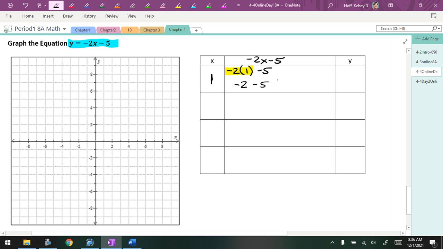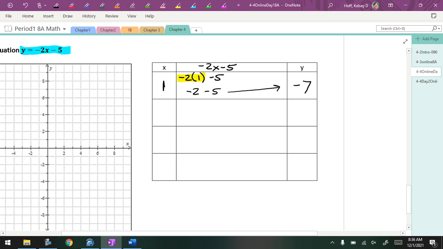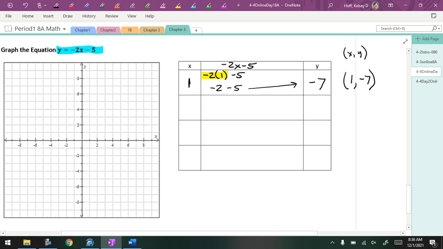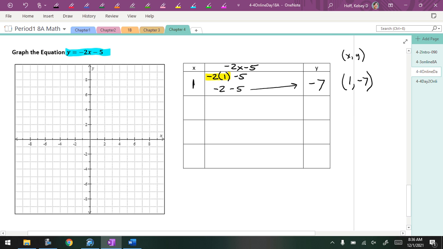And then I need to subtract 5, which is negative 7. So the point we just created in our x comma y, what was the x value we plugged in? 1. And the y value we calculated? Negative 7. Does that point fit on your graph?